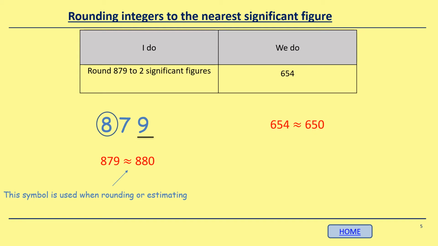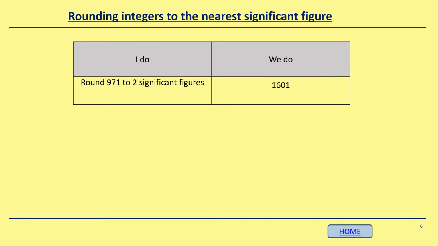Okay, the answer is 650. We would have put a circle around the 6, then looked at the 4, and because it's less than 5, the 5 stays the same, so 650. Next we're going to round 971 to 2 significant figures.